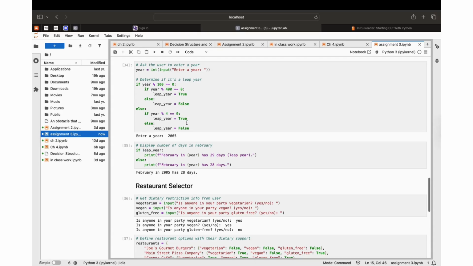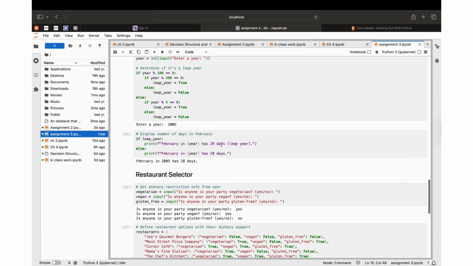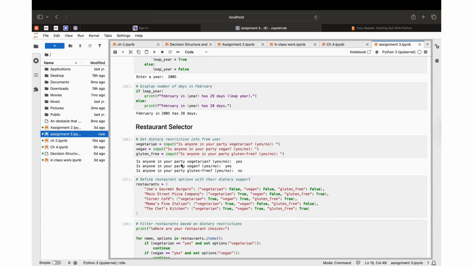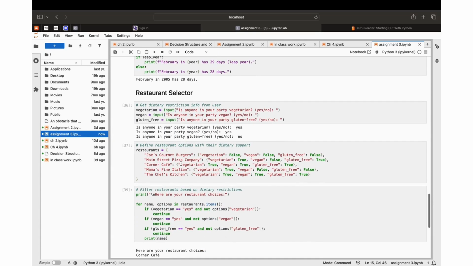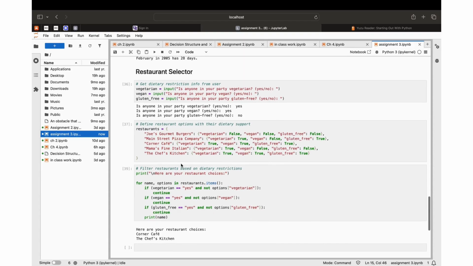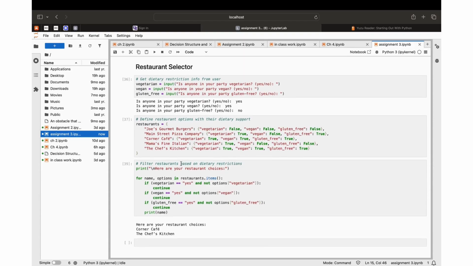And then divided by 4, if it's 0, it's a leap year, and if not, it's not a leap year. And then display the number of days in February. If it's a leap year, it has 29 days, if not, 28 days. So February in 2005 has 28 days. I guess I should have said had instead of has, but that's okay.